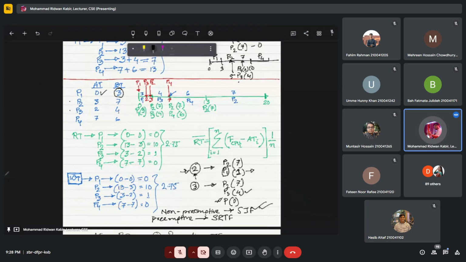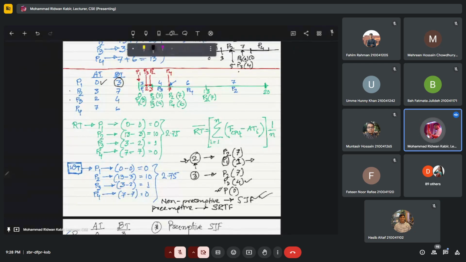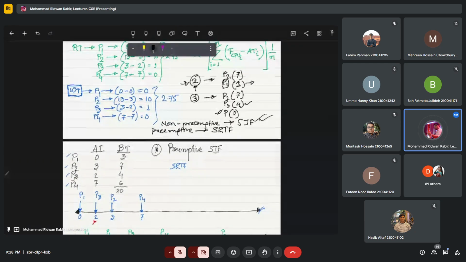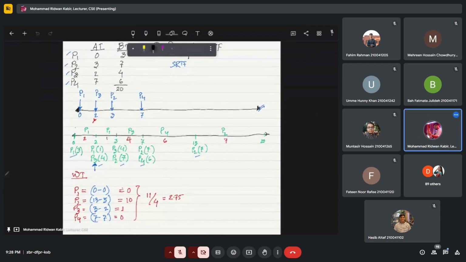Or if I ask you to implement shortest remaining time first, it means preemptive SJF. So these terminologies are interchangeable. Pay attention while you address the problems you'll be facing as part of your quiz as well as your semester final exam.